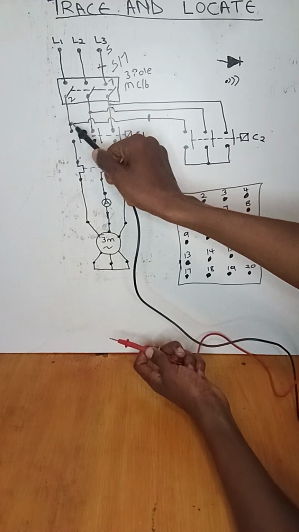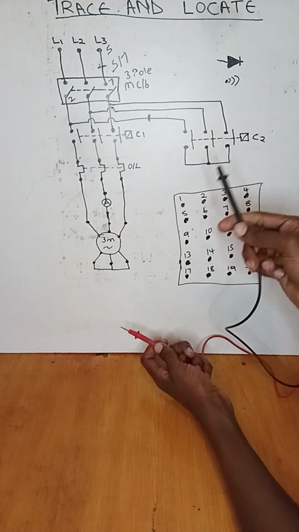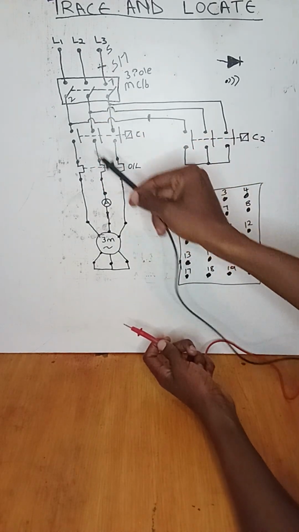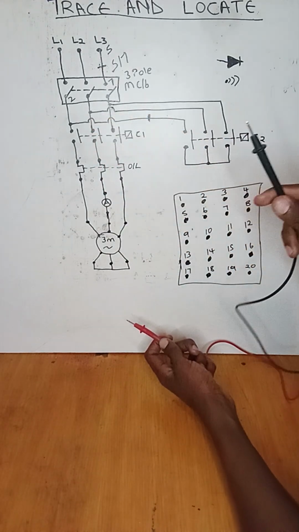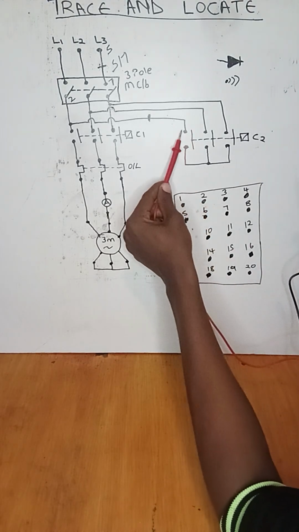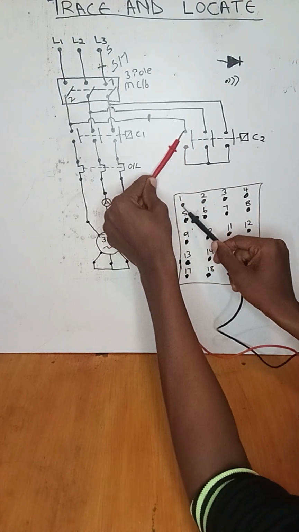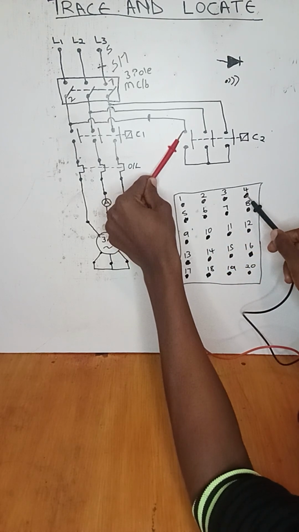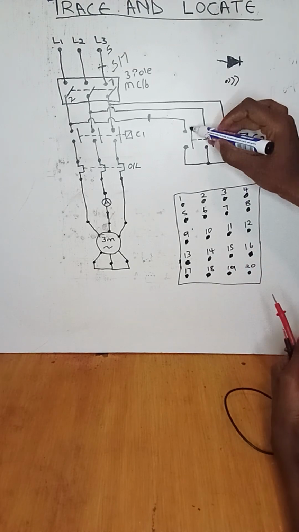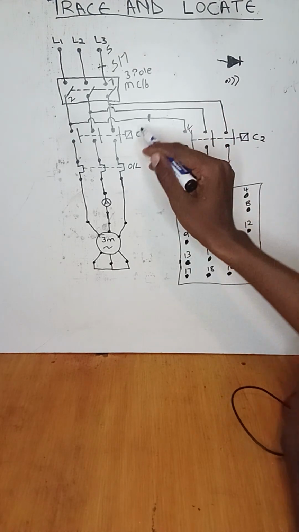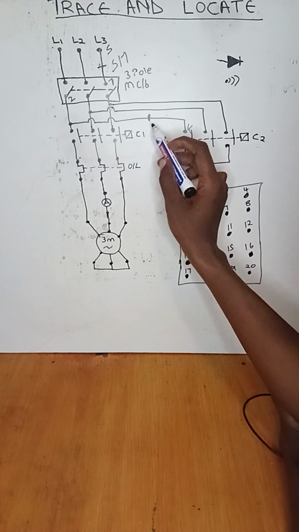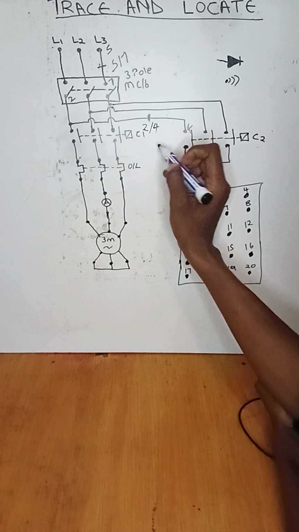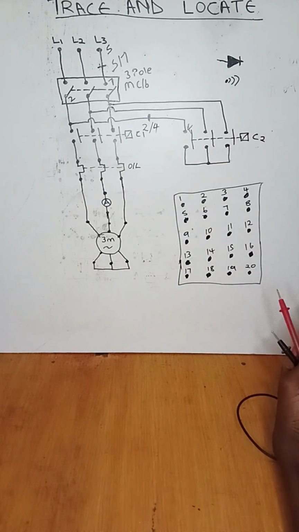We only need to check where it ends. So we put it here and check it from our board. 1 doesn't beep, 2 doesn't beep, 3 doesn't beep, and 4, let's say it beeps. Which means this is number 4. So our fault is from point number 2 to point number 4. That is our second fault.